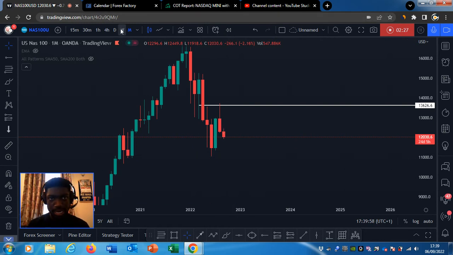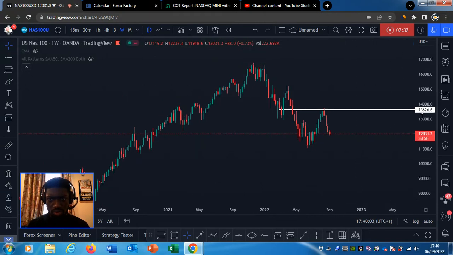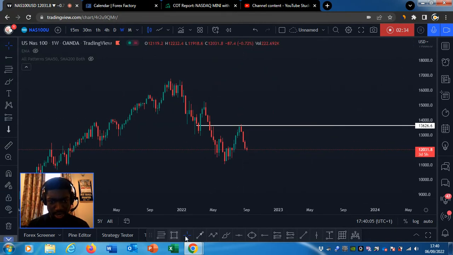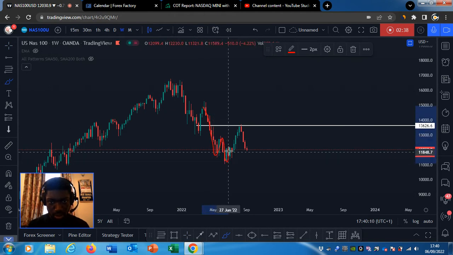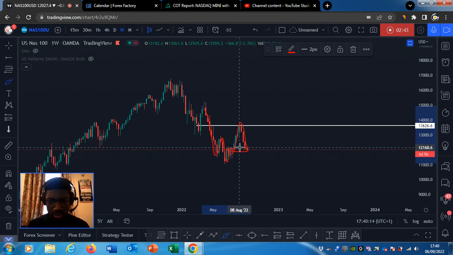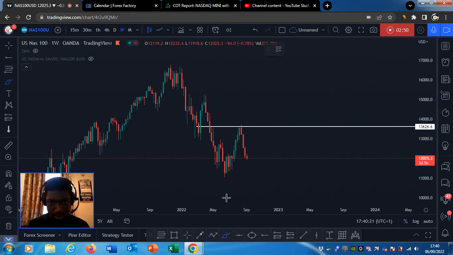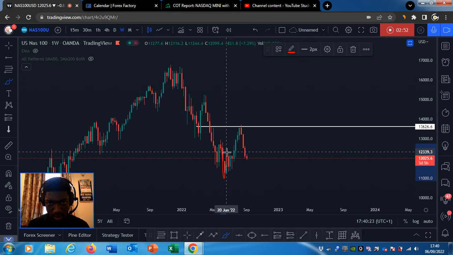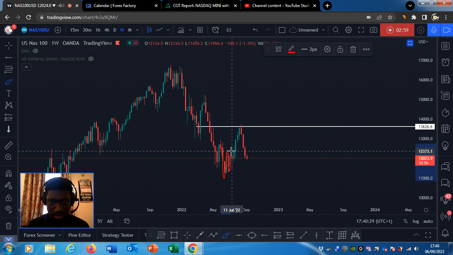Now on the weekly, we have a similar pattern in terms of price: falling down, coming up, creating a double bottom here, price going up and coming back to test it. One move went up, failed to break the neckline, went down, failed to break this structure, and went up one more time.